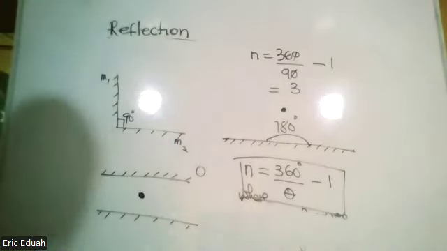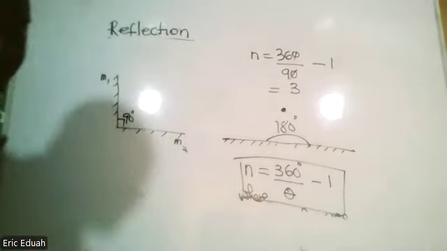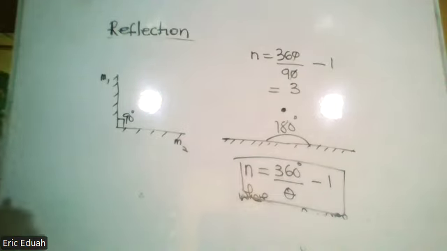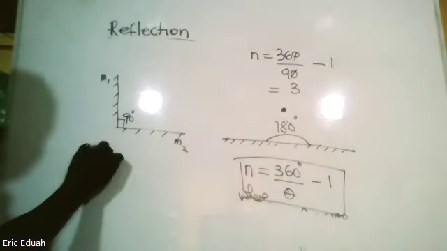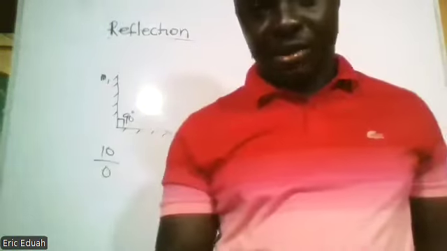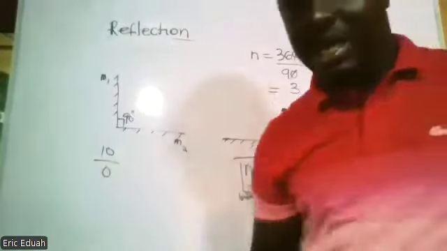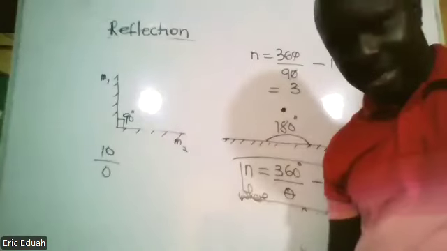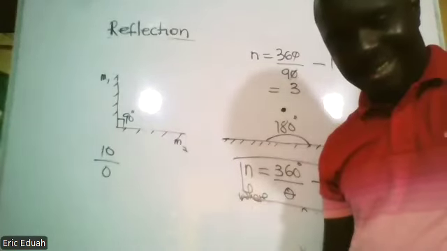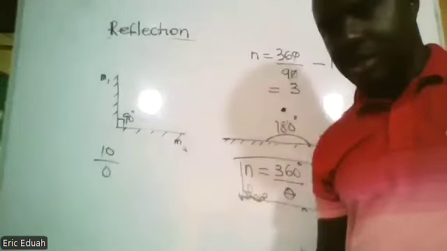The reason why it's an error is this: when you have any number divided by 0, what is the answer? Maybe 10 divided by 0. What is 10 divided by 0?